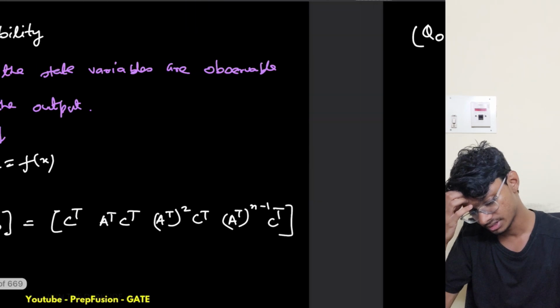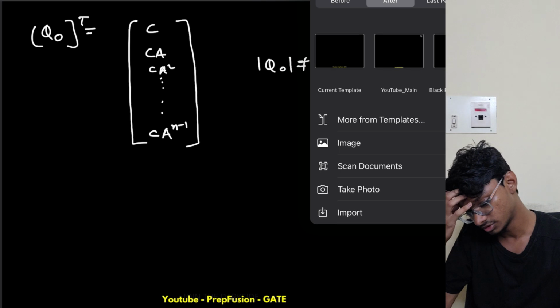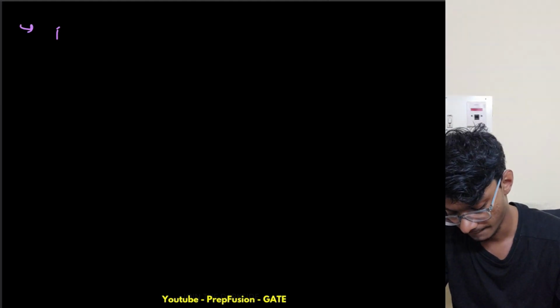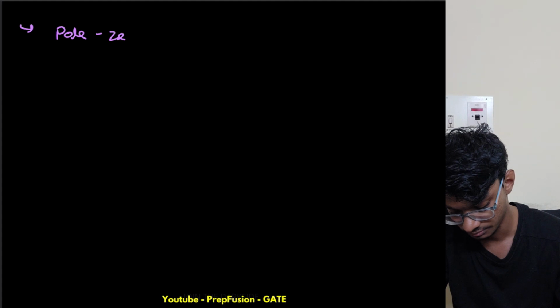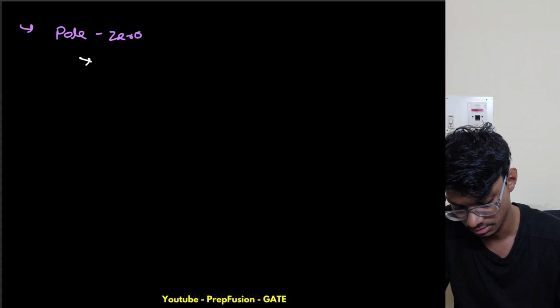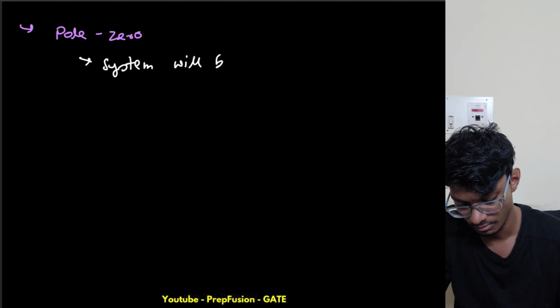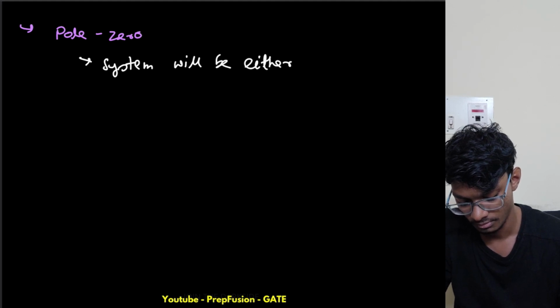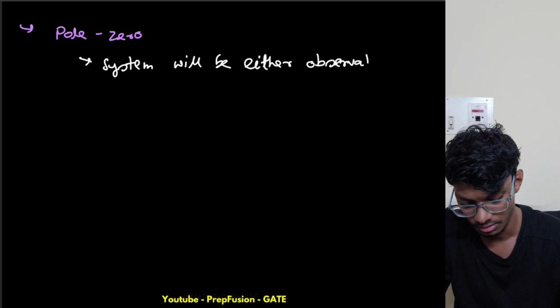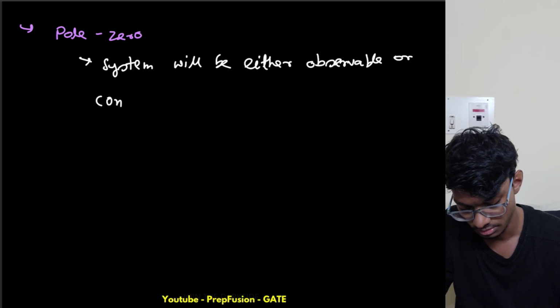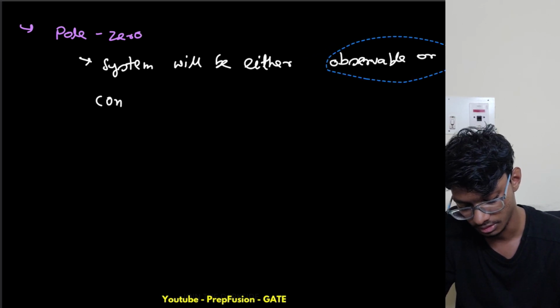So yeah, I was at pole zero cancellation, right? So what does pole zero cancellation mean? If there is some pole zero cancellation, it means the system is either unobservable or uncontrollable, right?